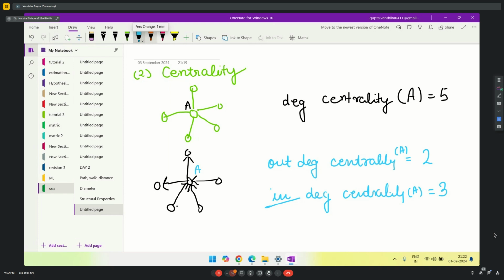So centrality is how influential a particular node is. This is what we are trying to calculate. Outward means how many people you are following, and inward means how many people are following you.